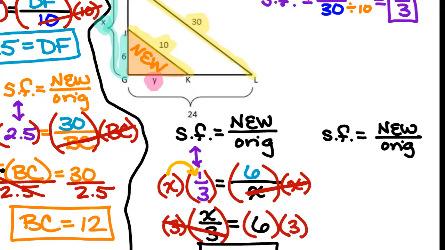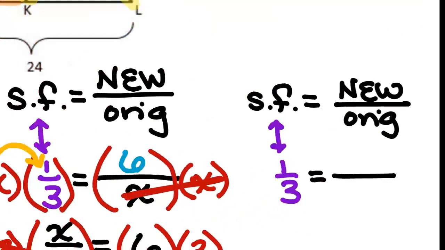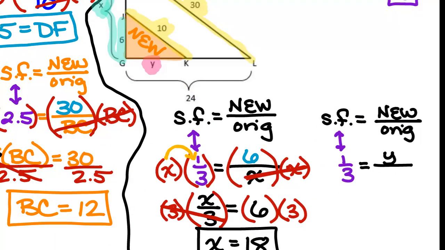And we know our scale factor is 1/3. Is y part of the new triangle or the original triangle? It's part of the new, so it goes up on top. What should go on the bottom of my fraction? 24.